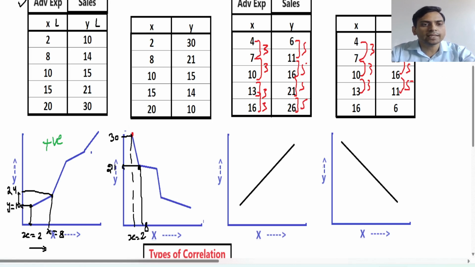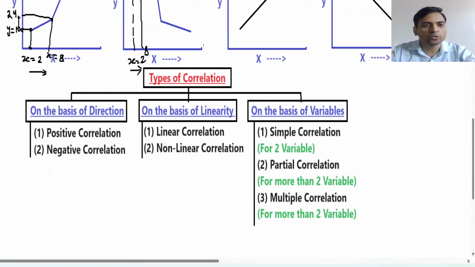So you will see there is a decrement in the value of Y and an increment in the value of X. So one variable is increasing, one variable is decreasing, and you are getting this downward sloping graph. Then there is a negative type of correlation. So this is based on direction, two things, first is positive and second is negative: positive correlation and negative correlation.